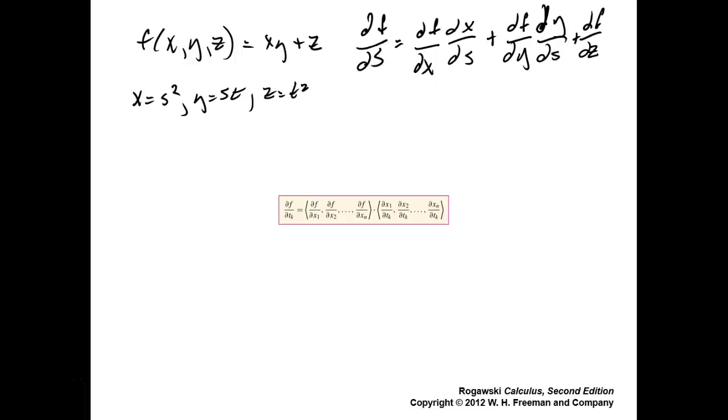Well, we just wrote down with Jasmine's help what partial of f with respect to s was. Well, let's write down what the partial of f with respect to x is from here. What would that be? Partial of f with respect to x.